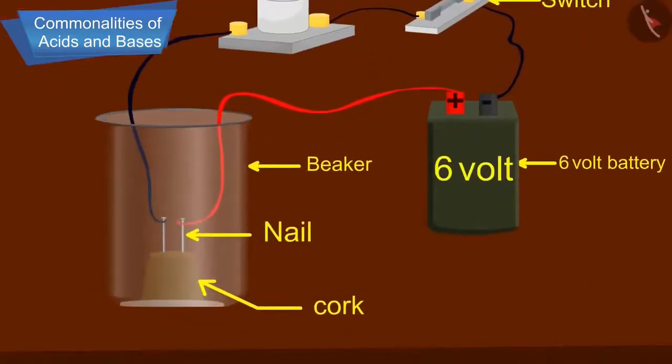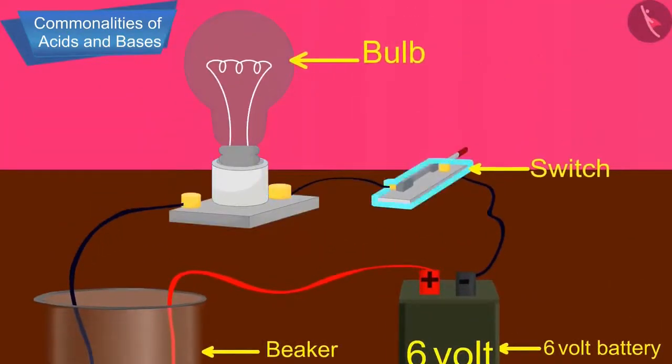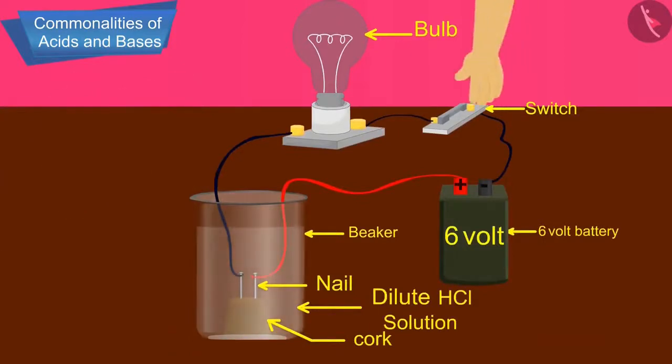Connect the nails to the 2 terminals of a 6-volt battery through a bulb and a switch, as shown in the figure. Now, pour some dilute hydrochloric acid in the beaker and switch on the current.